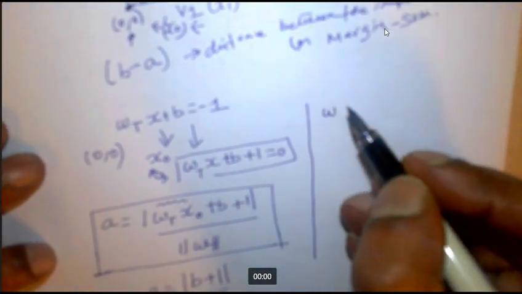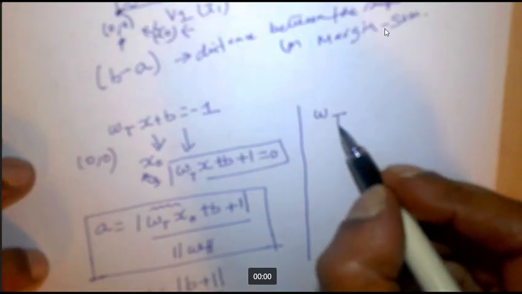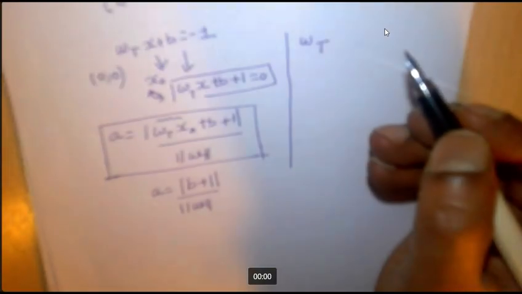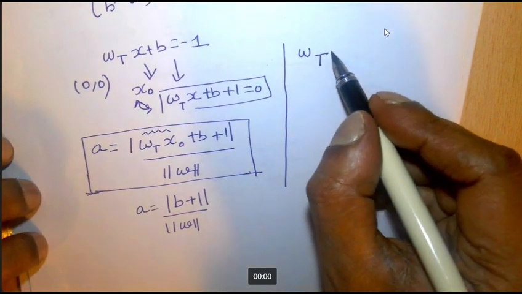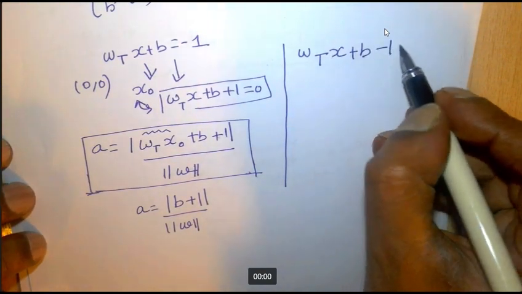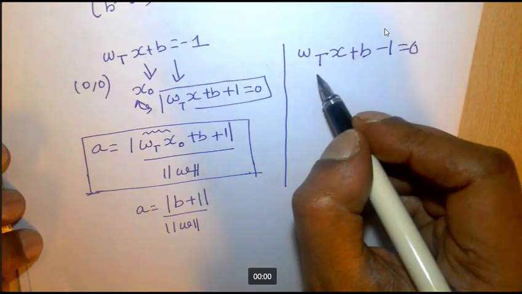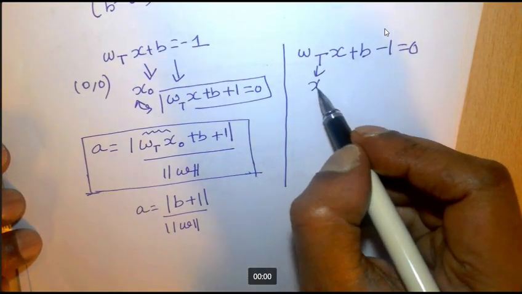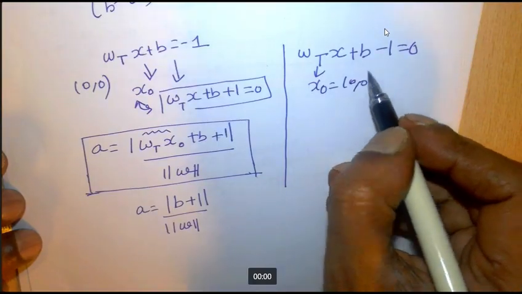So let's write the equation for that vector: w^T x + b - 1 = 0, and we calculate the distance between this vector and x0, which is (0, 0).